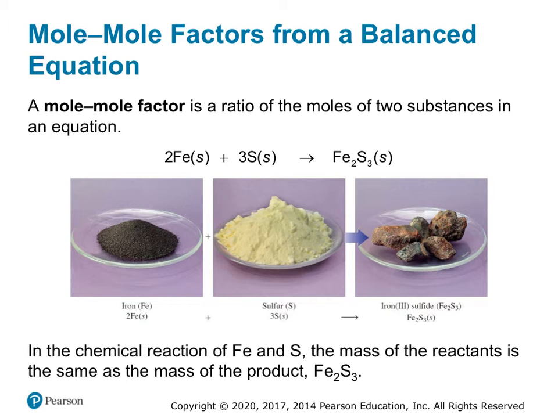And then the ratios come from the coefficients. So we know 2 moles of iron, 3 moles of sulfur, 1 mole of iron sulfide. We know from previously that the masses of reactants are the same as the masses of products, but the ratio of the number of atoms or the number of moles is different.